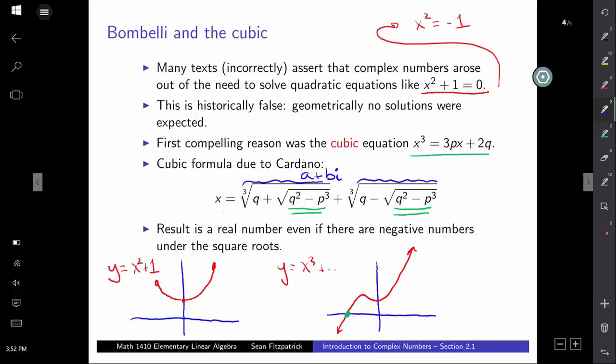And the other one, what Bombelli realized, is that if you allow for complex numbers, in this cubic formula, they always showed up in pairs like this, where whatever number was in front of i in the first term, the negative of that number showed up in the second term. And so when you added the two of them together, the i's canceled out and you just got 2 times a, you got something which was real.